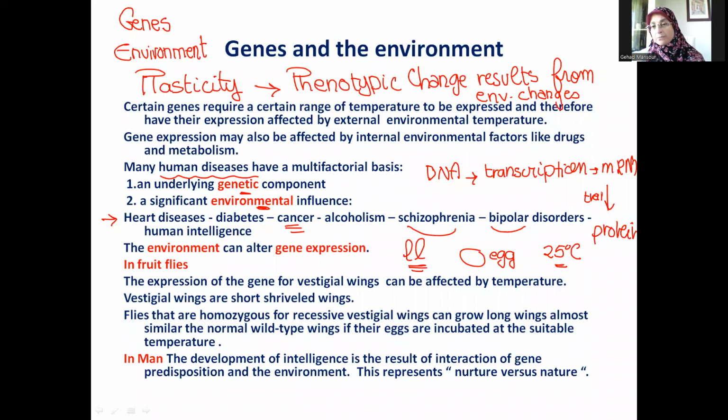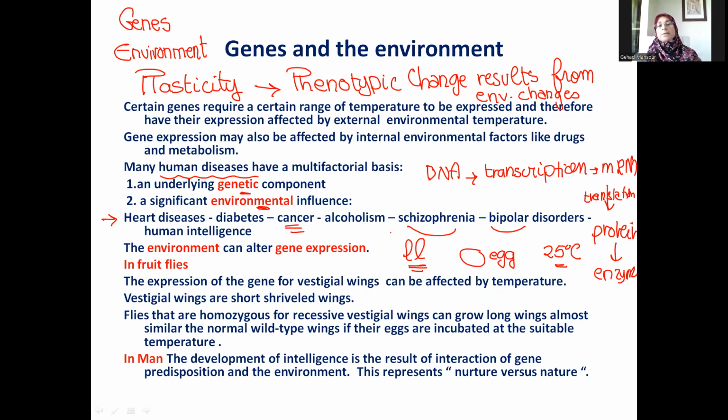And whether you're talking about transcription or translation, you need enzymes for both. So the temperature affects the formation of a protein by affecting the enzymes that control transcription of DNA into a messenger RNA molecule, and then translation of the messenger RNA molecule into a protein, and that protein will be an enzyme or a hormone that regulates the characteristic.